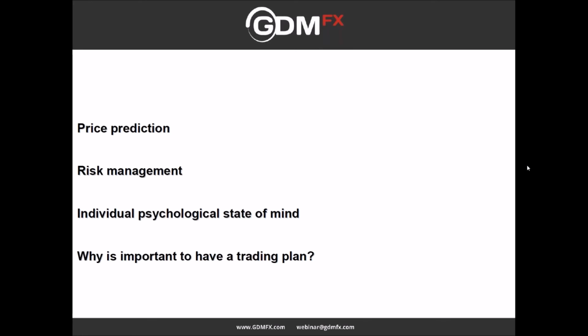The first that comes to mind when we are speaking of the four major points of a trading plan: this is the price prediction, the risk management, as we mentioned, the individual psychological state of mind, and of course, why it is important to have a trading plan. This is just a question for you to answer briefly after we go through the first three.